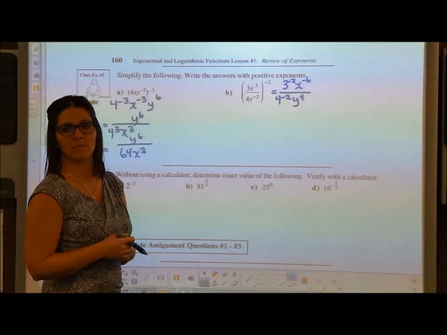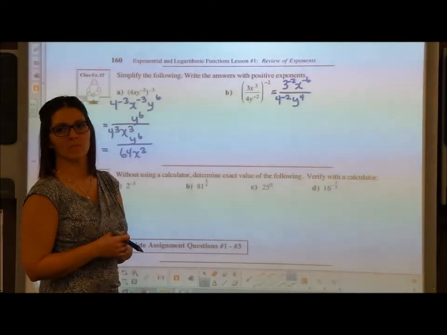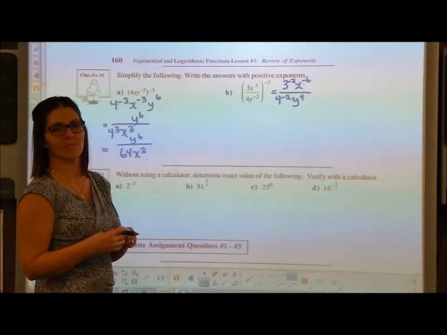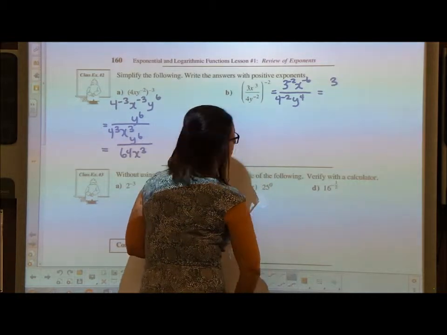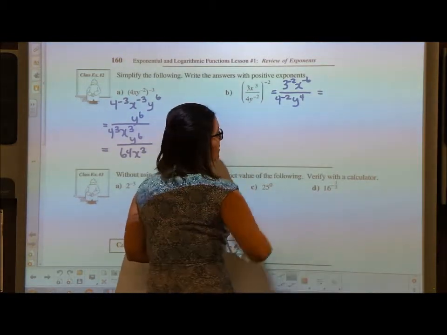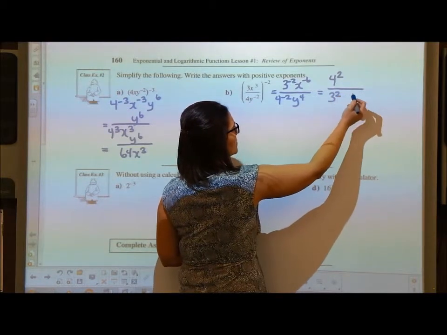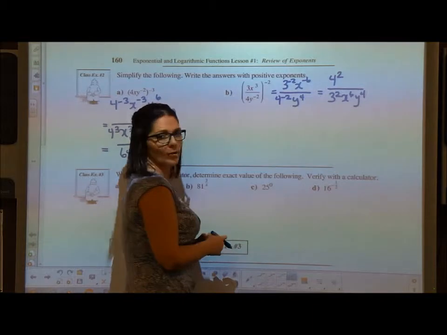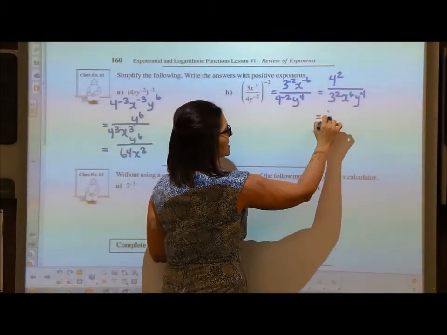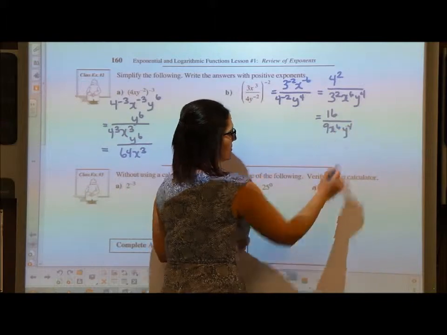Well, the way I did it, I had 1/9 on the top and 1/16 on the bottom, and I just divided them and ended up with 16/9. So then it would be the same as bringing the 4 to the top and the 3 to the bottom. X goes to the bottom, y goes to the bottom. So then I have 16/9 x to the 6 y to the 4.